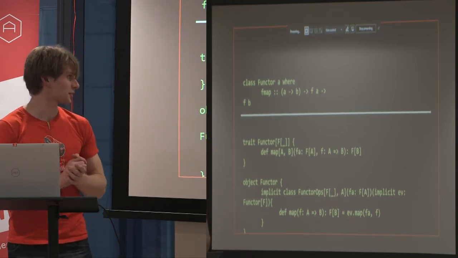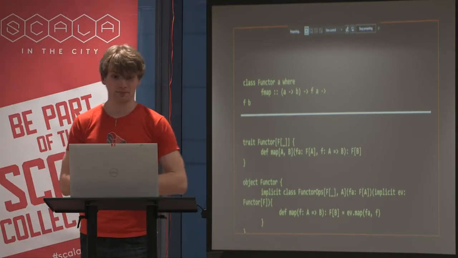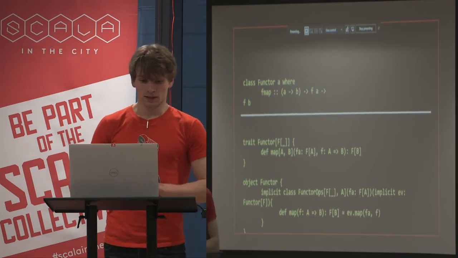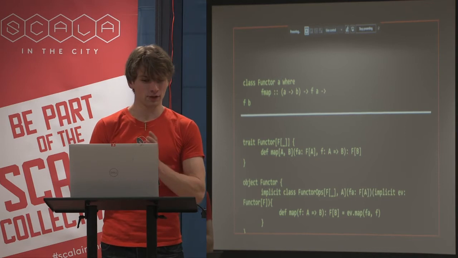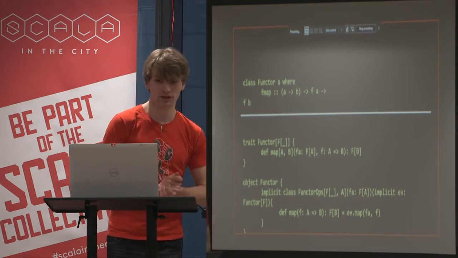In Scala 3, of course, this can be done with extension methods, which makes things a little bit nicer because, for example, you can put them in as a top-level declaration as opposed to having to wrap them in an object.